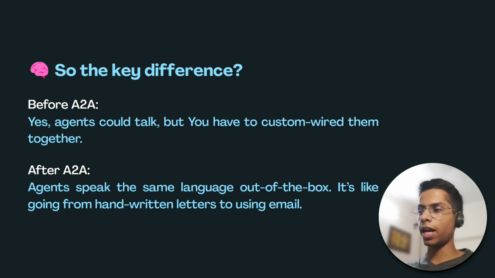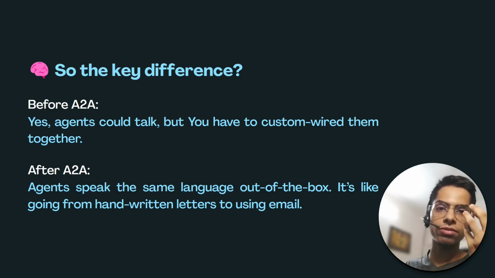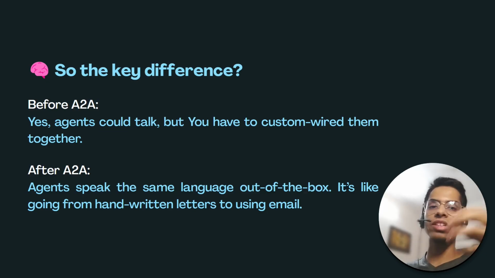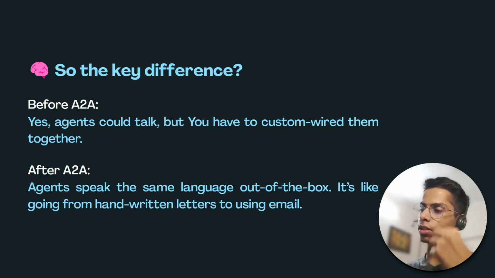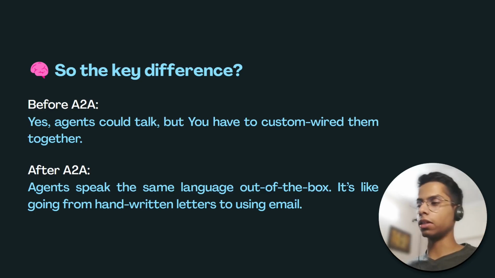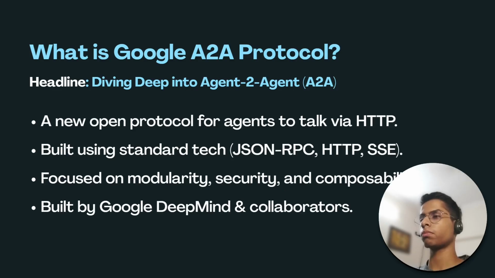And A2A is like the standard language by which they can all communicate. It's the standard language of the whole agents world. I hope you got to know about this analogy.